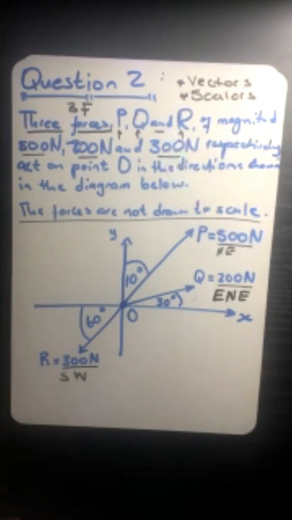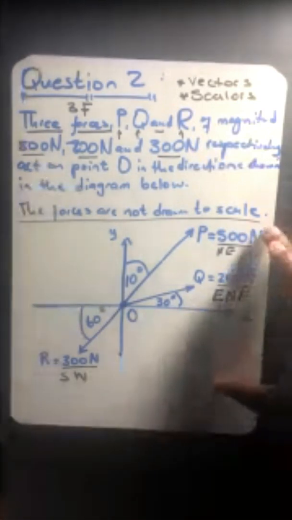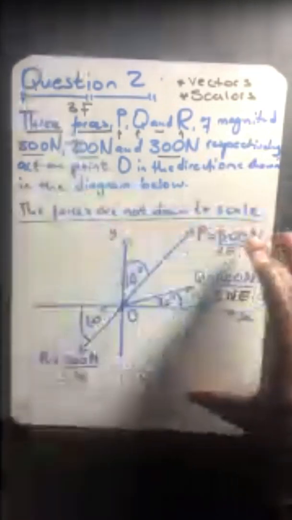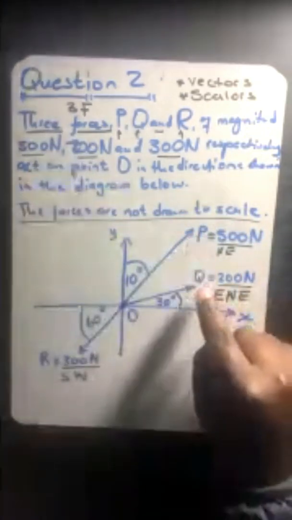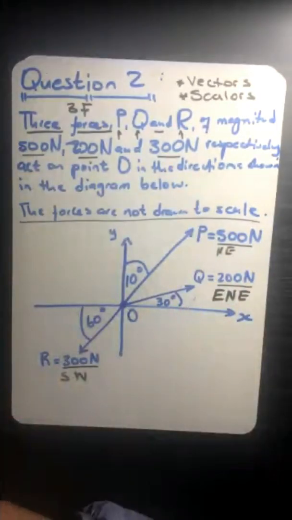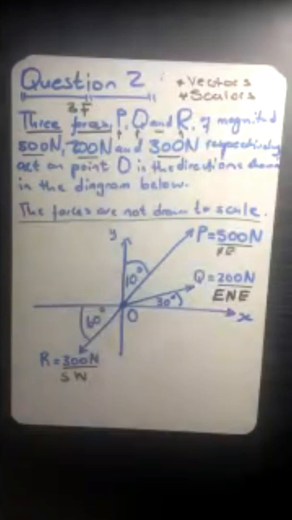So it says, as LB has read, which is 2.1, refer to the information in the diagram above. So it's an instruction to refer to this diagram given above, and give a reason why forces P, Q, and R are classified as vectors. So already it seems like the word vectors is the cream of the question.